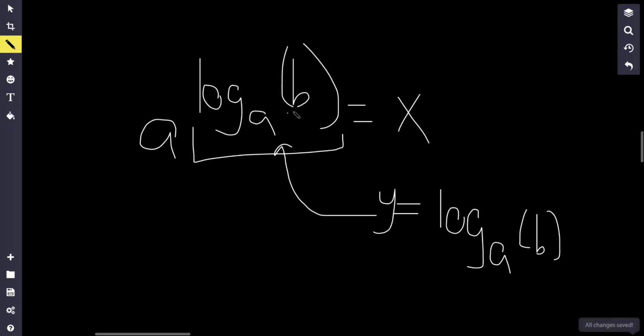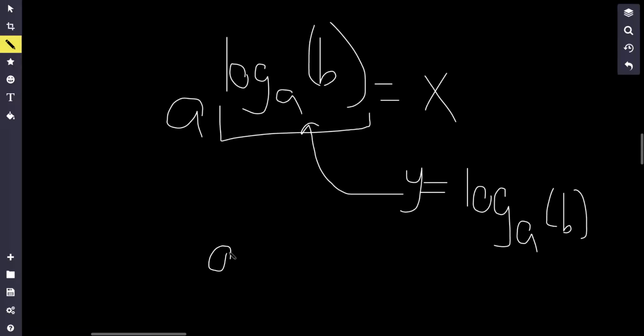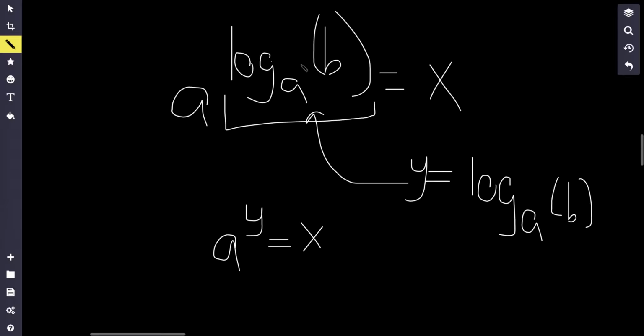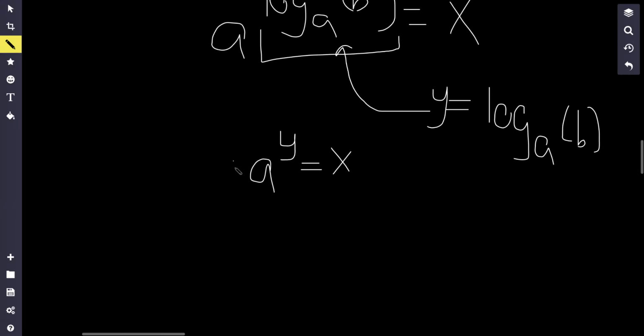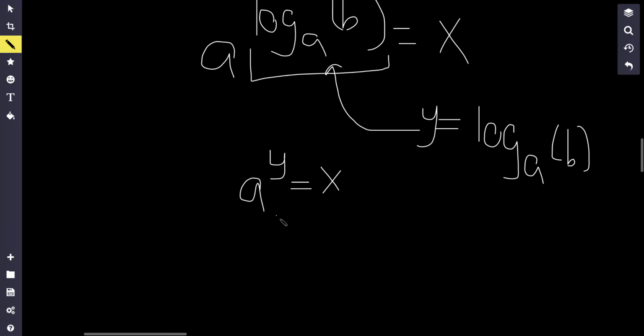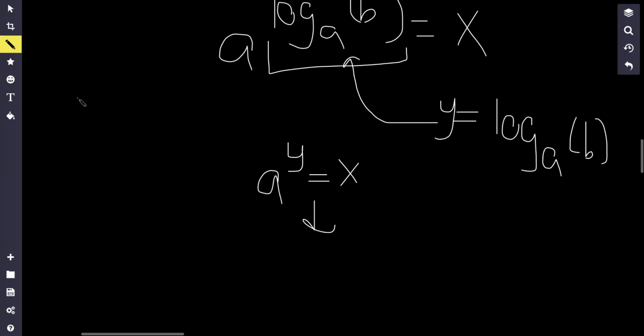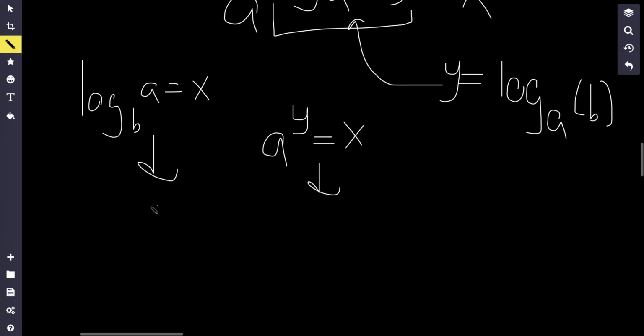So I'm just going to rewrite the equation. I'm going to say that a to the y power is equal to x. All we did was substitute in y for all of this stuff. And now you'll notice how we have this exponential equation. And just like how we can convert logarithm equations, so if we have log base b of a is equal to x, we can convert it into an exponential equation, b to the x power is equal to a, we can do the opposite.